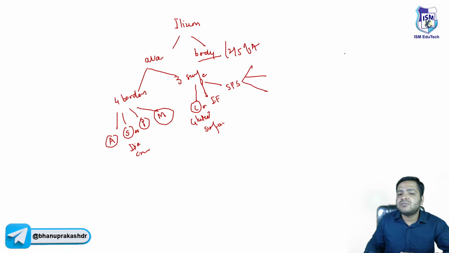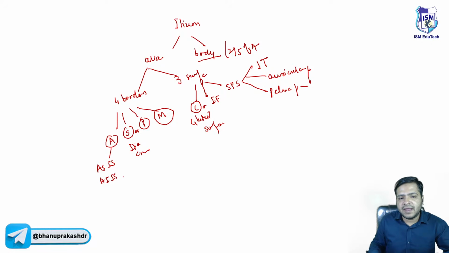The sacropelvic surface is also composed of 3 things, beta. We have the iliac tuberosity, the auricular part and the pelvic part. The anterior border consists of the anterior superior iliac spine and the anterior inferior iliac spine.